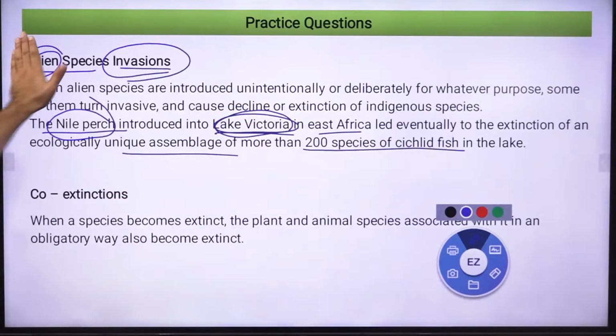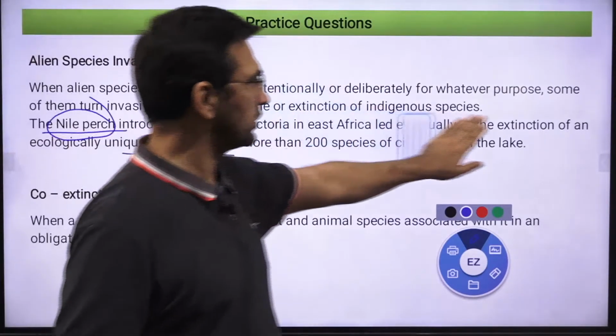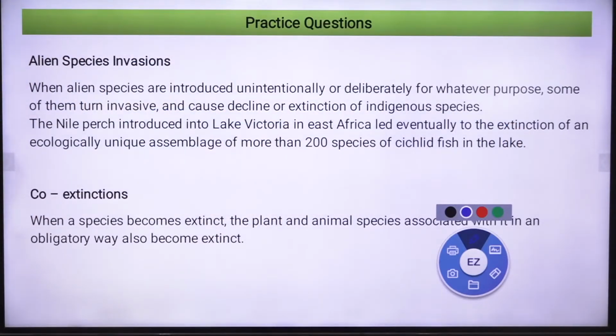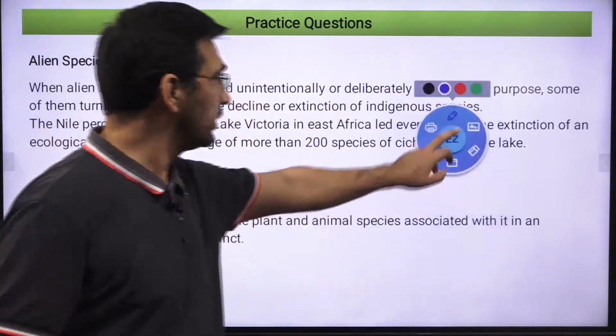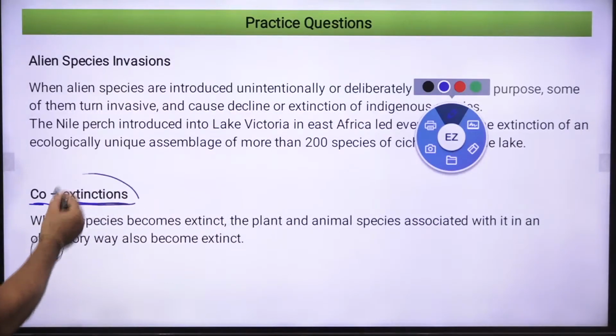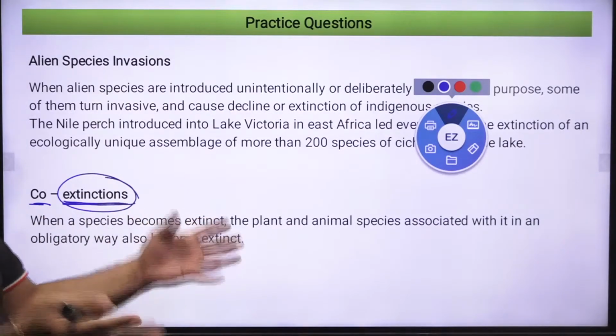We have done many such activities in different places across the world, which have led to biodiversity loss. Now, there is one more major reason, which is co-extinction. If one species becomes extinct, then the species associated with it also become extinct.